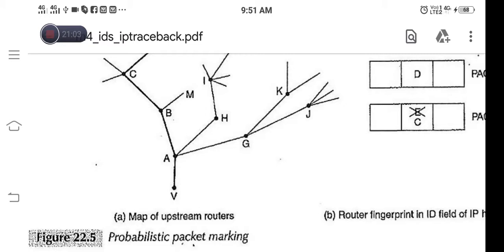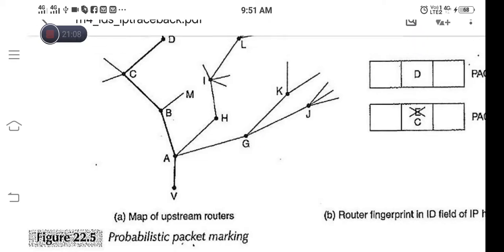The adjacent routers to A are B, H and G.